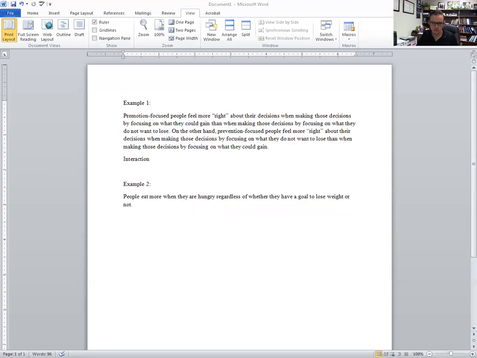So if I were to go back to our example, whether people have a goal to lose weight or not is probably going to be a little bit more stable than whether or not you're hungry. Or at least in my head, it's that way. So if we go in here, then I would say hunger would be on the x-axis.